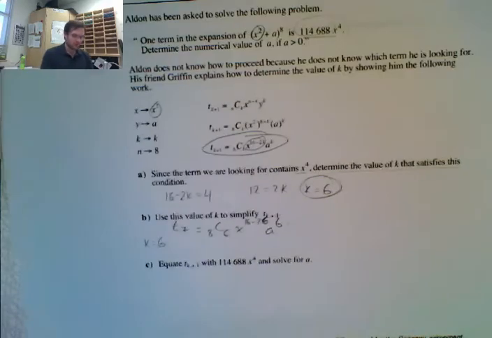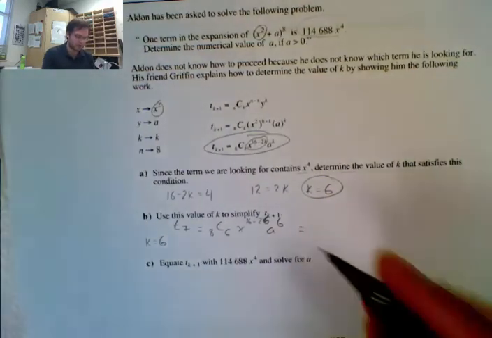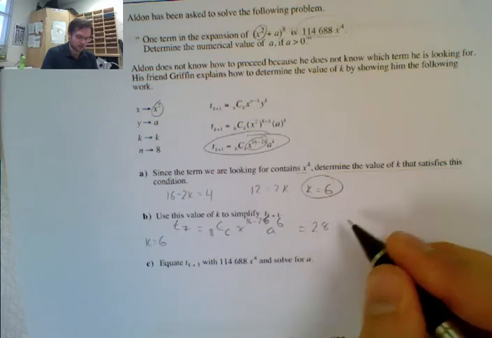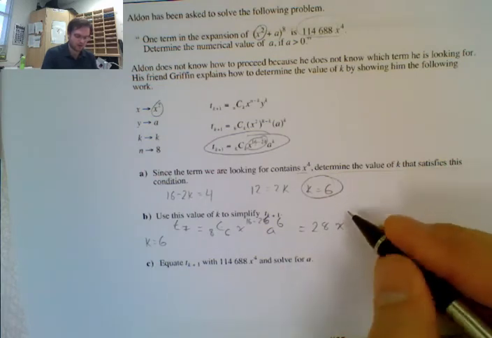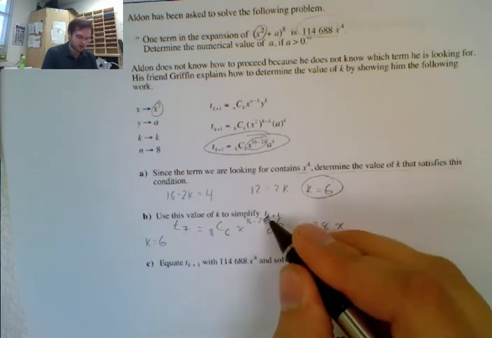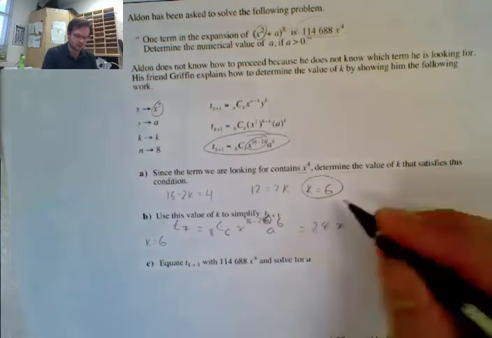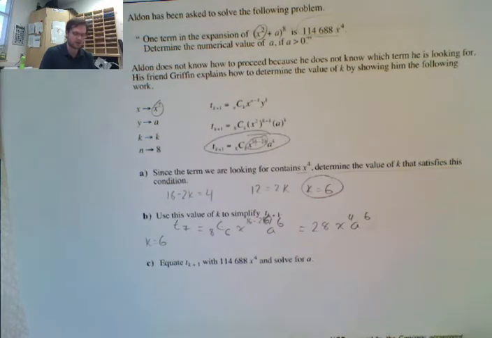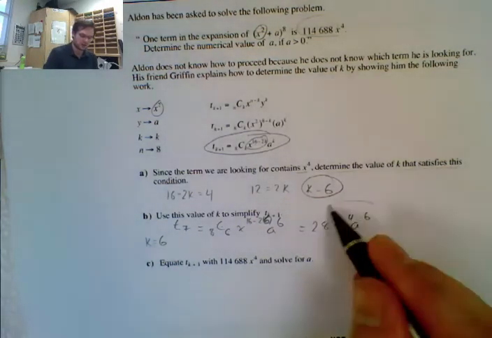Okay? So if I continue that, I'm going to end up getting 8 combination 6 is 28, and x to the power of 2 times 6, which is 12, so x to the power of 4, a to the power of 6 is my answer.